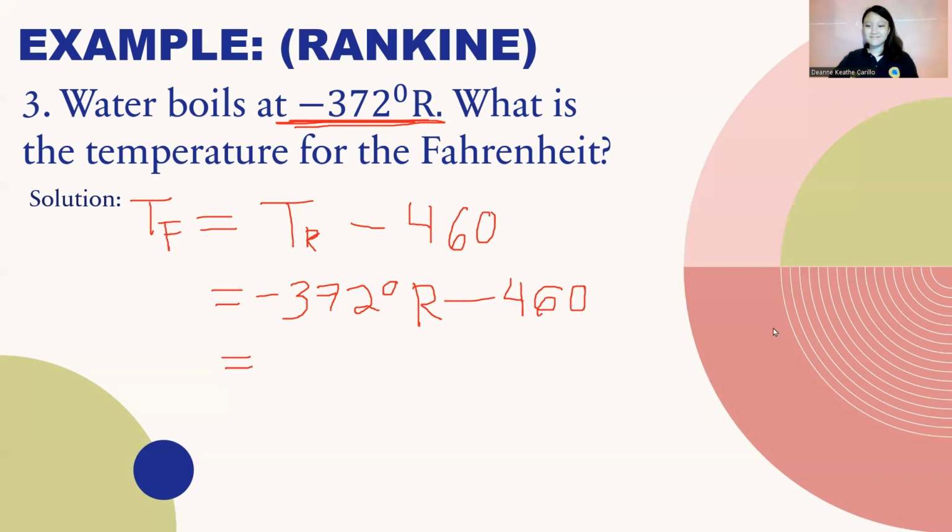Calculator. Negative 372 minus 460. Since pareho silang negative sign, ay mag-a-add up yan and magiging negative sign ang sagot. Negative 372 minus 460 is equals to negative 832.